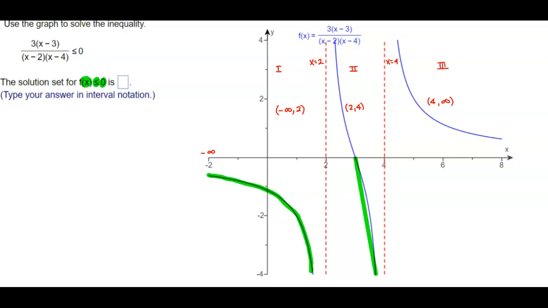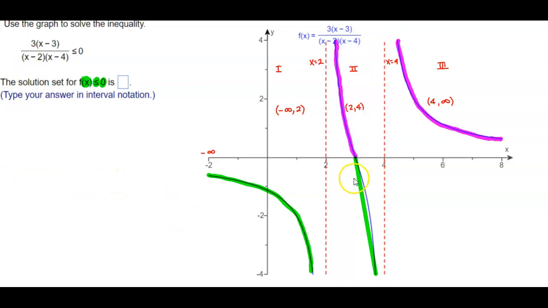Now where is it above the x-axis? From here to there, it's above the x-axis, and from here to here, it's also above the x-axis.